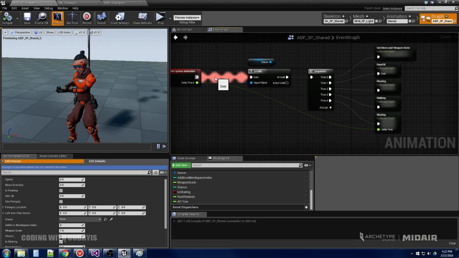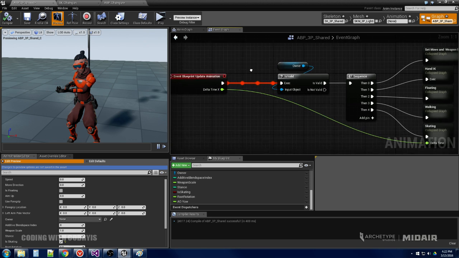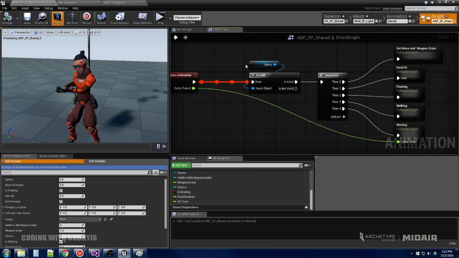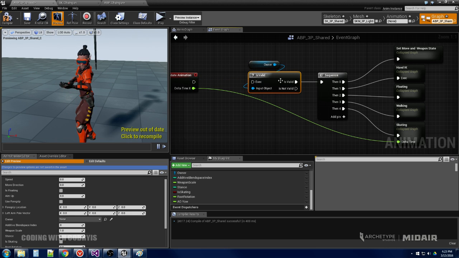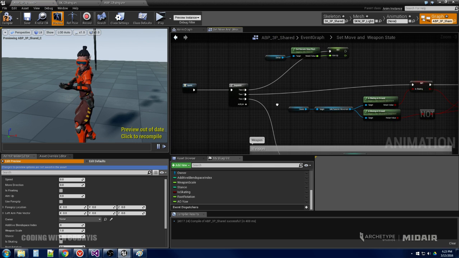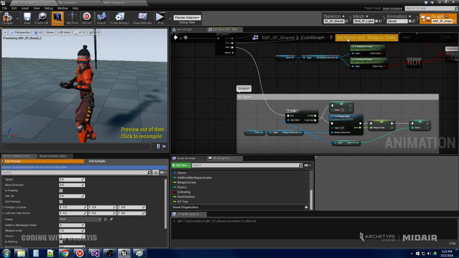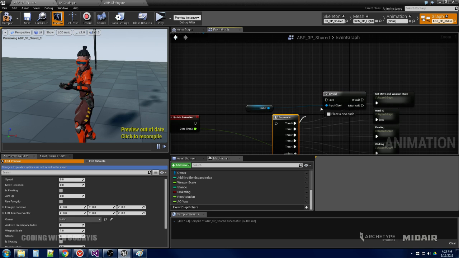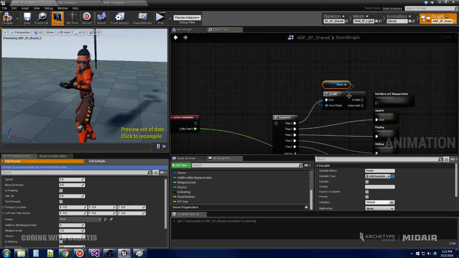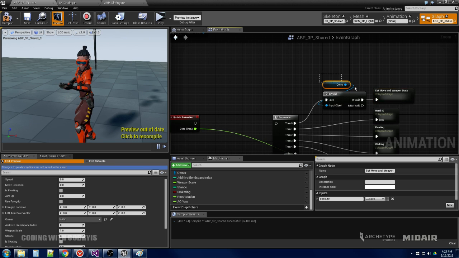So seq. Is this playing? All right. All right, let's see what's happening. All this stuff is owner dependent. Sweet. So gotta make sure that you only call that with an owner.